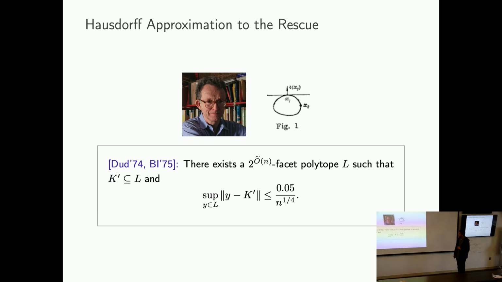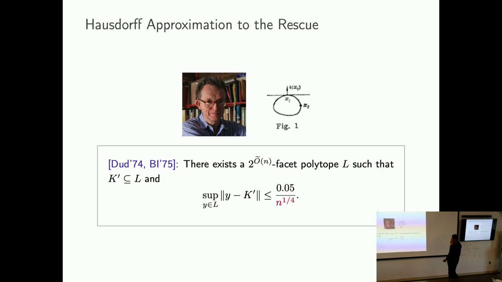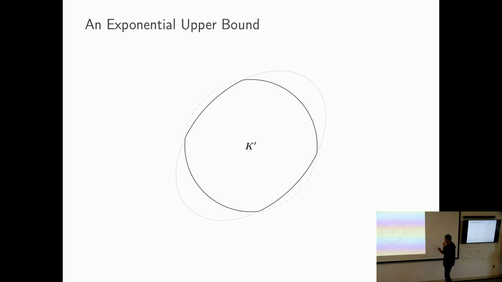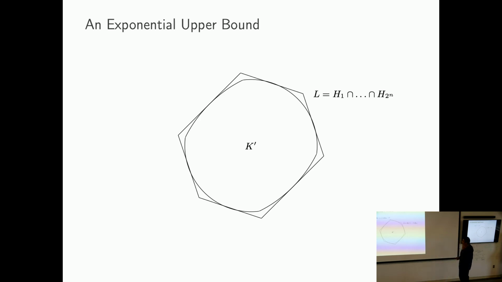So in pictures, what this result of Dudley and folks is telling us is that if you have the set K prime, then there exists an approximator of 2 to the order n half spaces, such that the distance between any point on this approximator L and this target set K prime is like 1 over n to the 1/4.